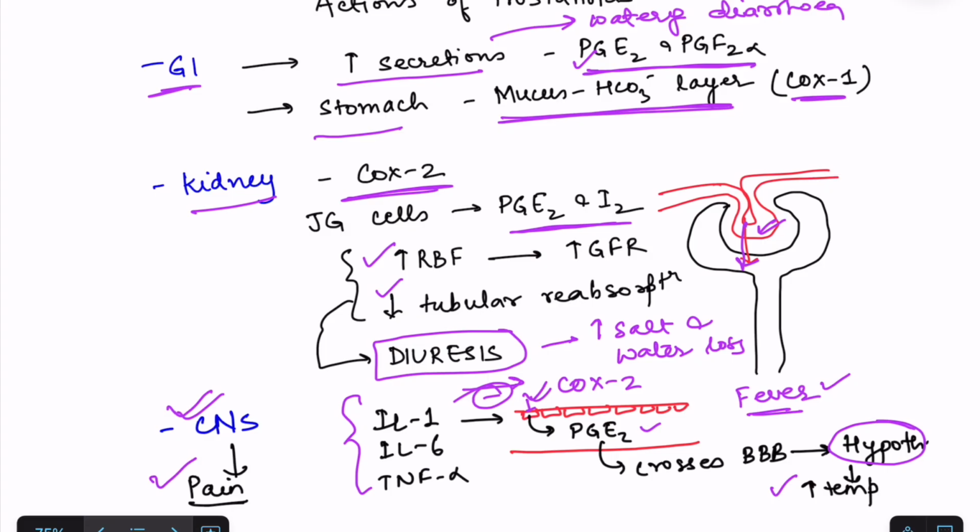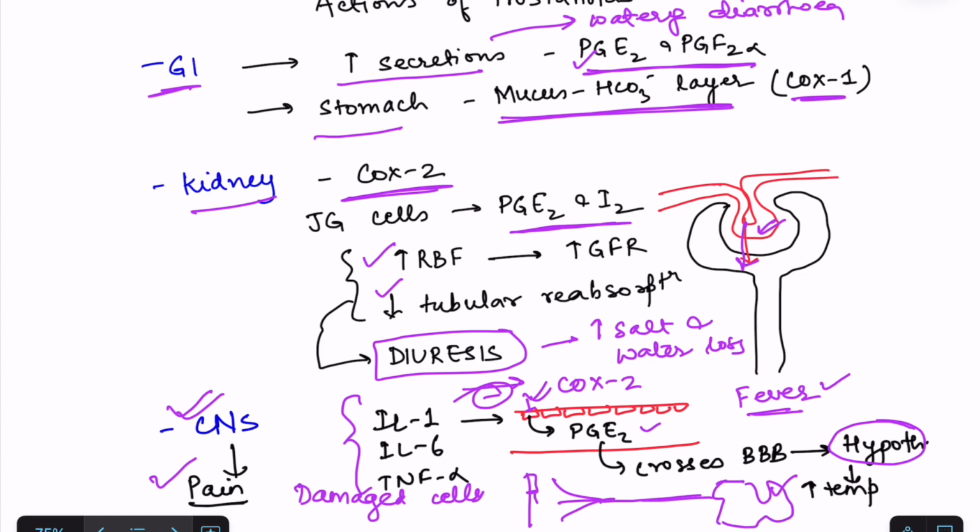Then there is another action in pain, where PGE2 and PGI2 sensitize the pain receptors to various mediators. These prostaglandins E2 and I2 are produced from damaged cells, and they act on the sensory nerve endings. If this is the tissue, here the nerve endings are there, which will carry the pain sensation to the spinal cord and from there to the brain.